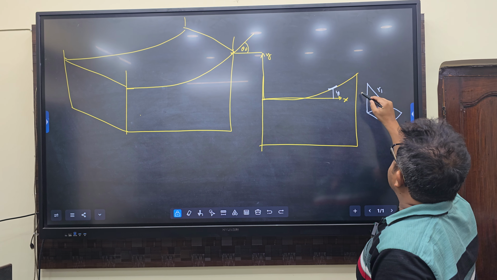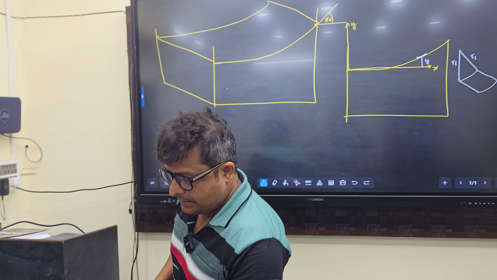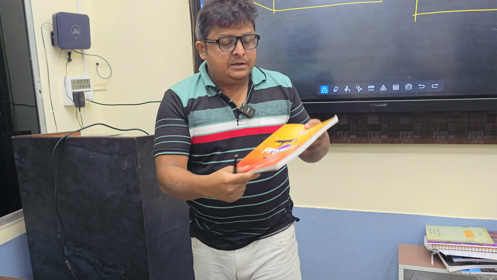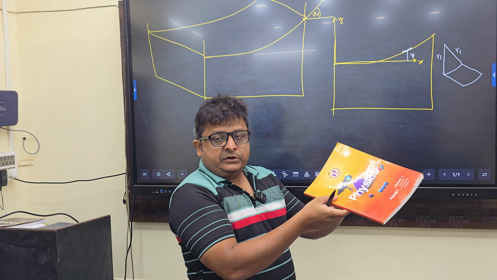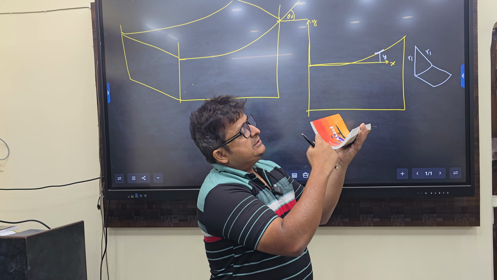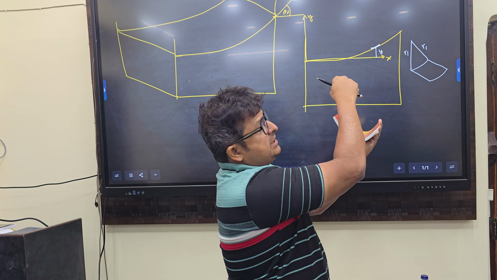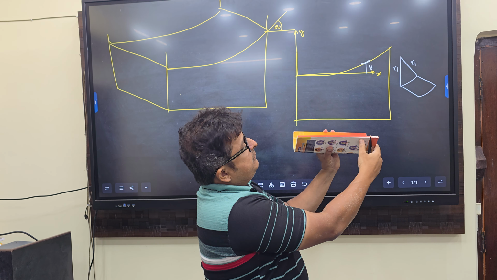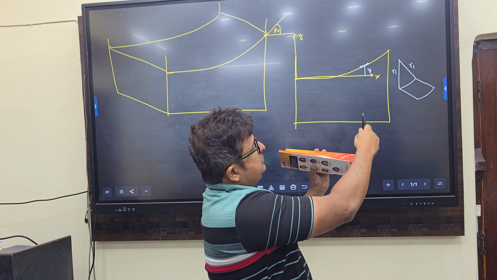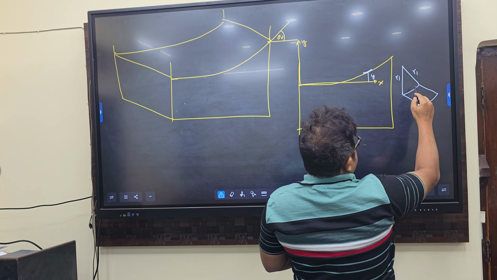One of the views is R1. Suppose this is a surface, so this part is a curved surface. If you look from this view and complete the circle, it has a radius of curvature, and if you see it from here, it's a flat surface. So if you draw two normals, the radius of curvature is infinity.